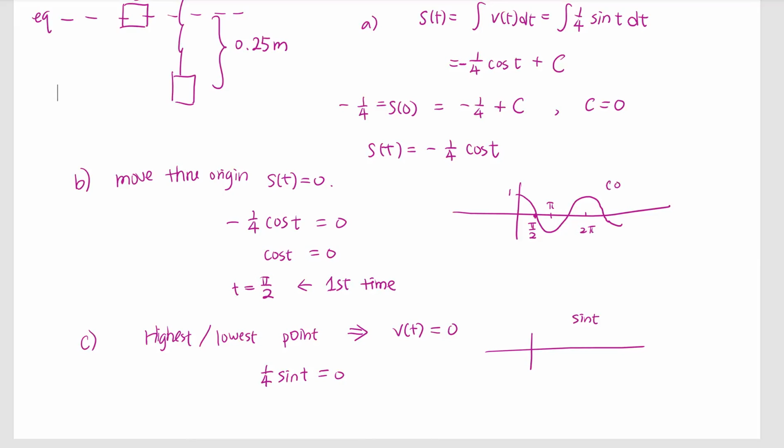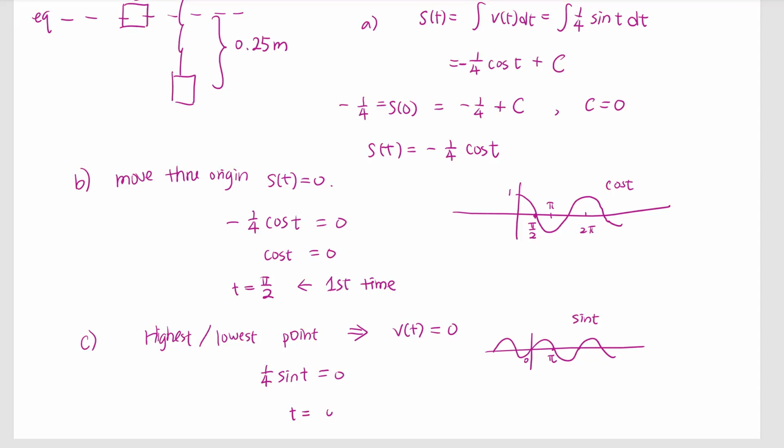Oh, by the way, this is cosine t. Sine t starts from 0 and oscillates, right? So zero is actually our initial position. What's the next angle where it is 0? That's pi.